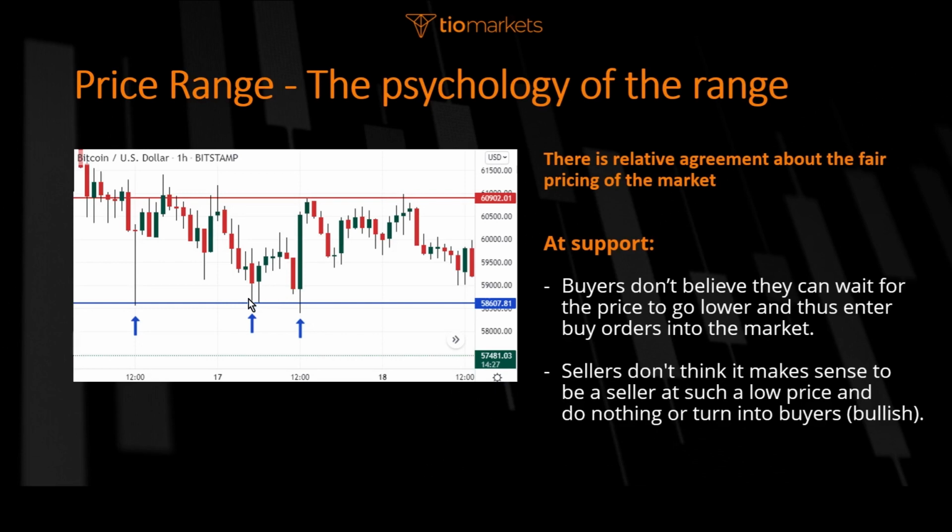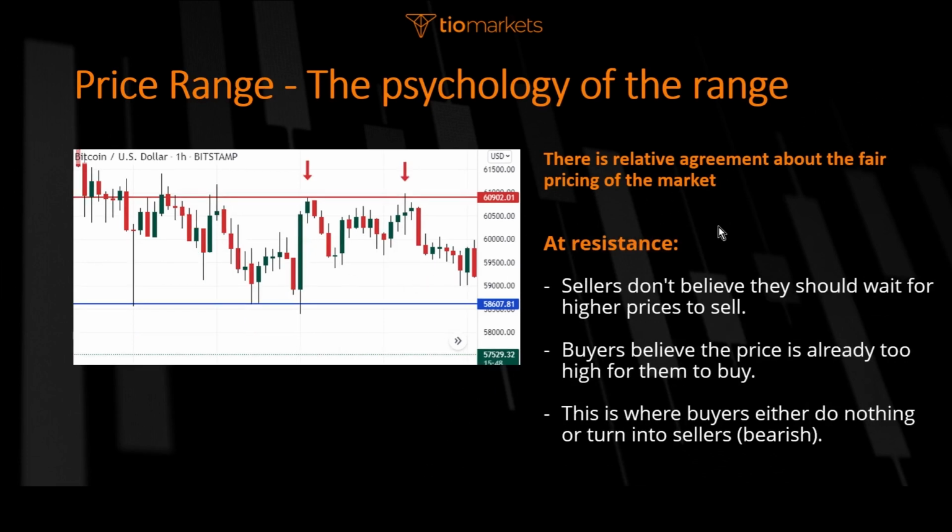And you obviously understand that no market can move lower if there is no more flow of sellers or flow of bearish money into the market. So the market runs higher. Then at resistance, it's the other way around.